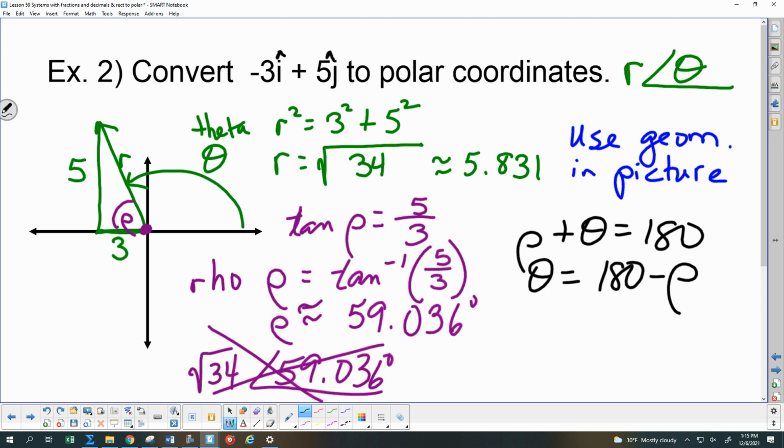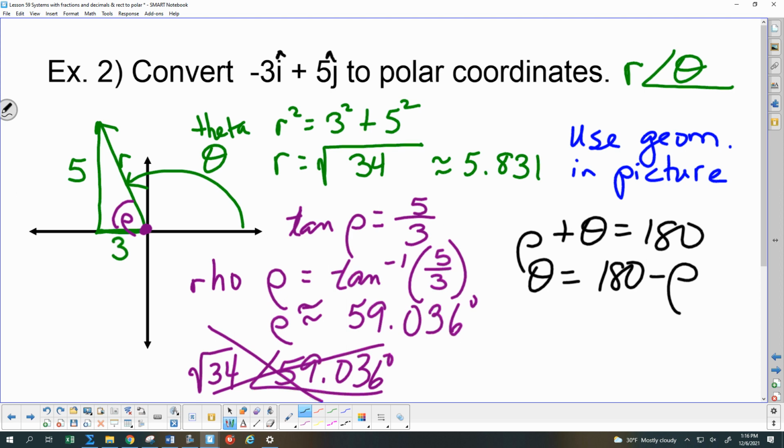Now, there's several ways you can do this on your calculator. Your calculator right now has 59.036 on the right. You can say times -1 to make it have a minus in front of it, and then do a plus 180. You can store that. I'd store it as P, since rho looks kind of like a P and we only have English letters on our calculators.